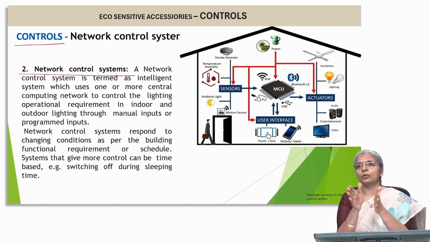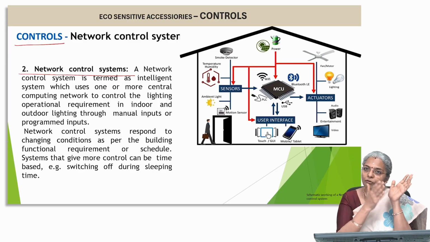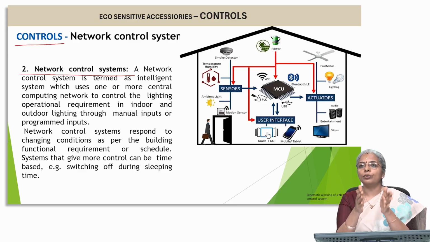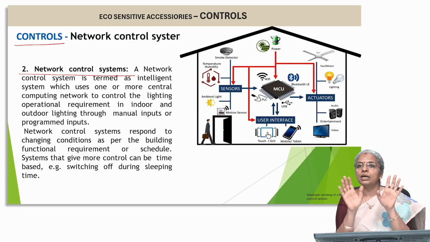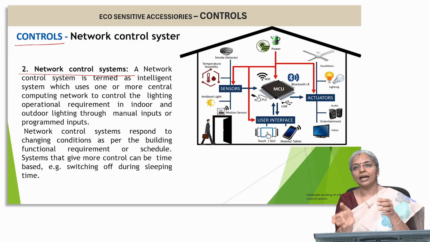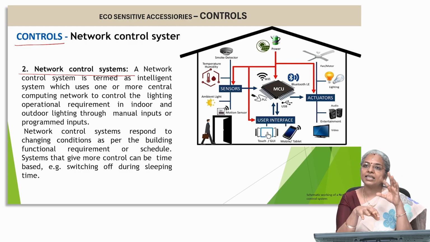So, network control systems will respond to changing conditions as per the functional requirement of the building or as per the schedule of activities in a particular space. Systems that give more control can be time based, for example, switching off of light during sleeping time. Now, these centralized systems will rely upon dedicated computers to control either the entire building services or at least the lighting part of the building services.